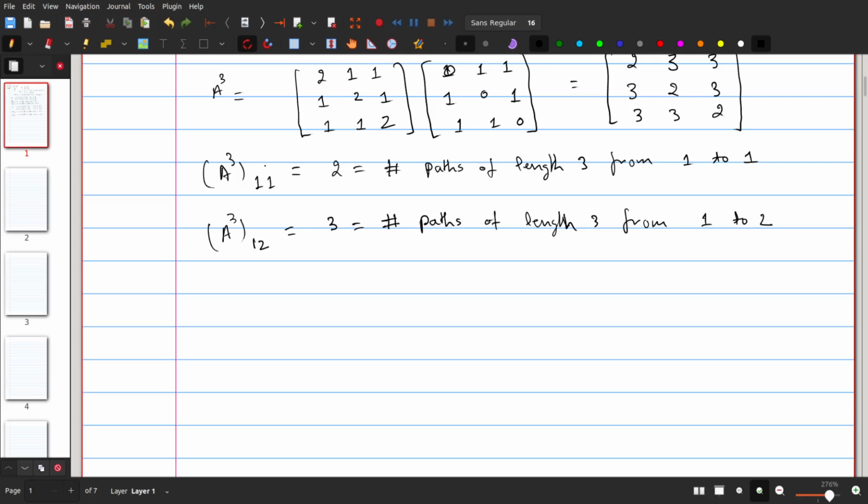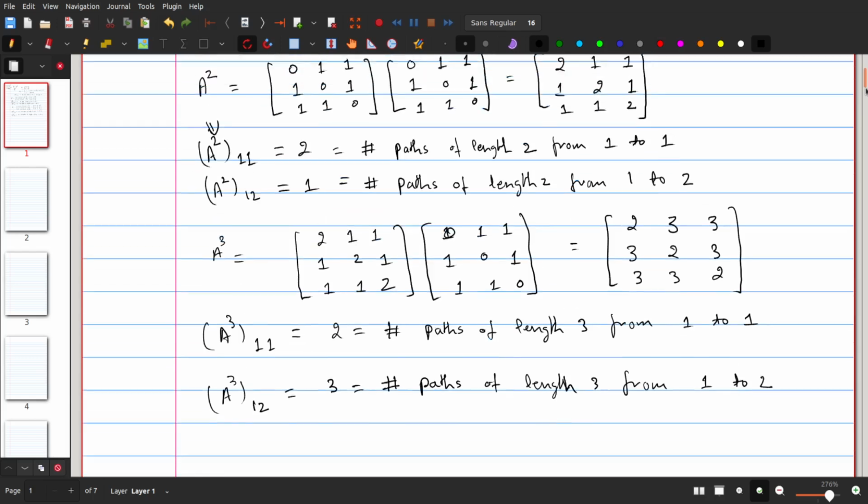Similarly, we have the same situation for other vertices. For example, the number of paths of length 3 from vertex 2 to 3 is again 3. The number of paths of length 3 from vertex 2 to itself is 2, and so on.